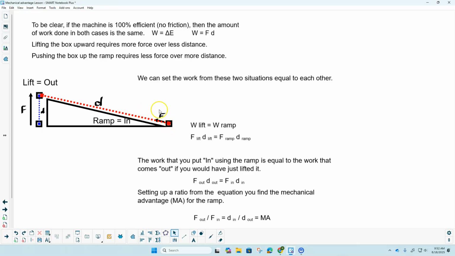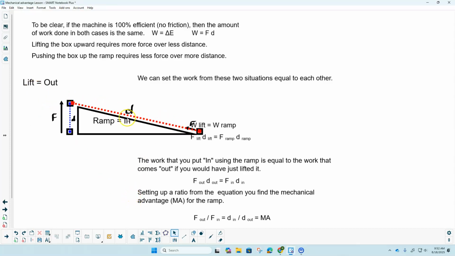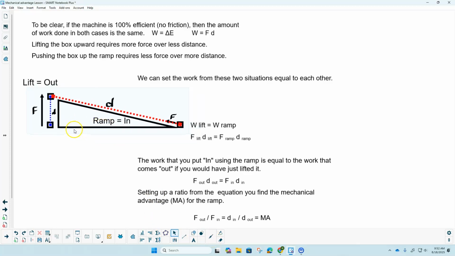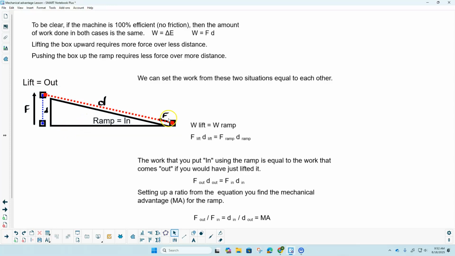The ramp effectively helps me lift the box from this lower point to the same higher point, and finish at the same position, but over a greater distance. The red dotted line is greater, but the force that I have to apply is a smaller force.